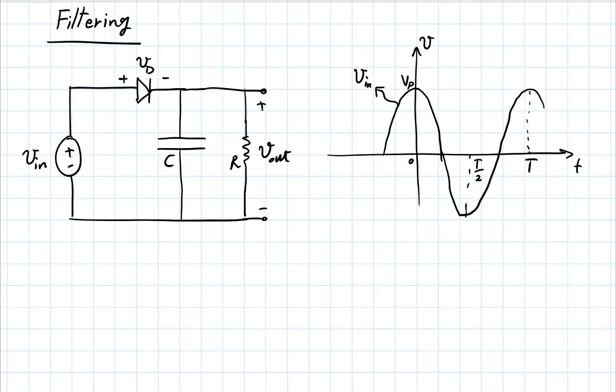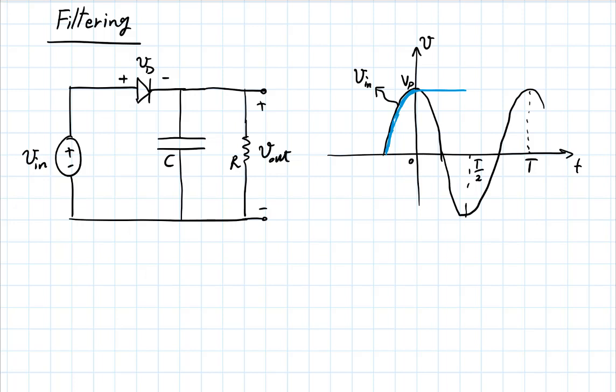So the capacitor just retains its charge. It stays at that voltage. So if you did not have the resistor, let's say if you start here, the capacitor voltage would go there and then would stay there.